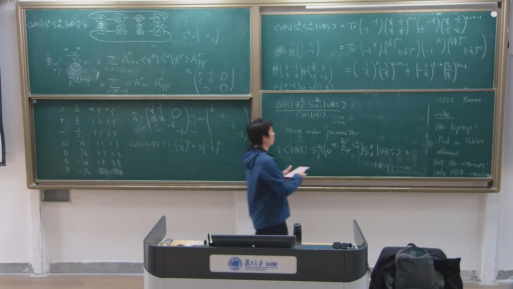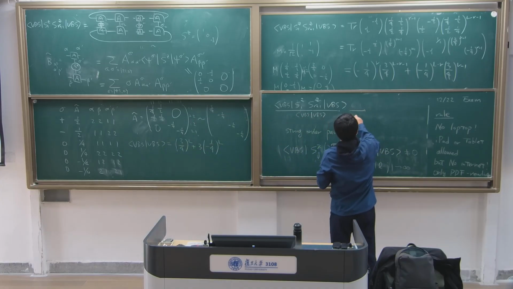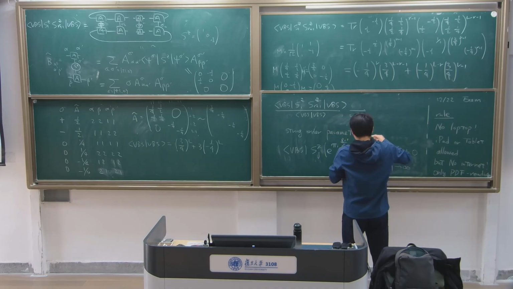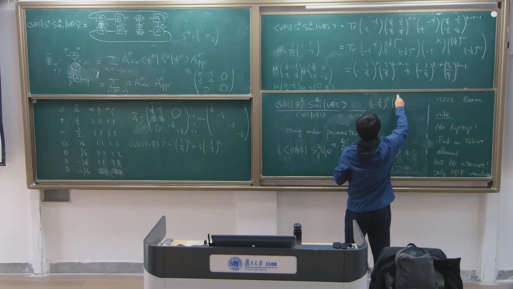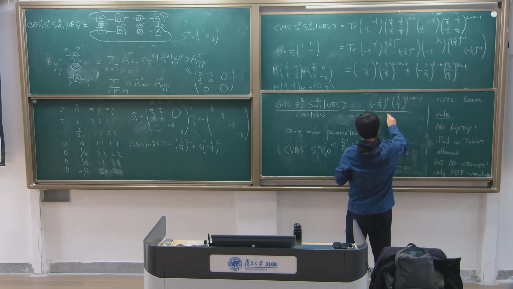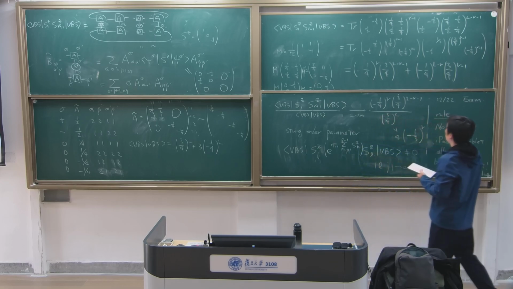Therefore, you need to take a ratio. So when L goes to infinity, what's going to happen is that minus 1/4 to the R, 3/4 to the L minus R minus 1, divided by 3/4 to the L, which is equal to 4 times minus 1/3 to the R. That's all.